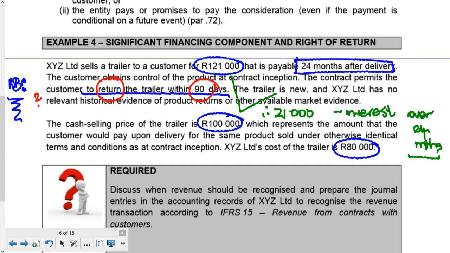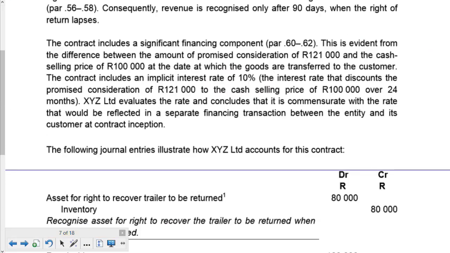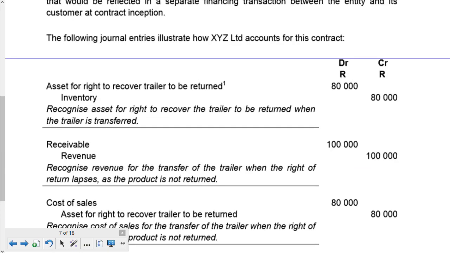Yeah. So when you look at the journals, they are on the next page. We recognize that we gave someone a trailer. We gave them an asset. It needs to come out of inventory. Yeah? So we need to credit inventory. So at the time that we give them the asset, we credit inventory. But we cannot yet recognize revenue because we have that 90 days uncertainty.